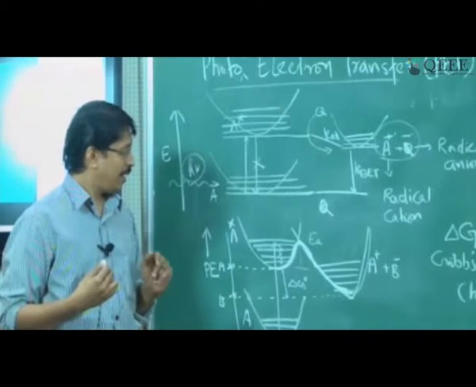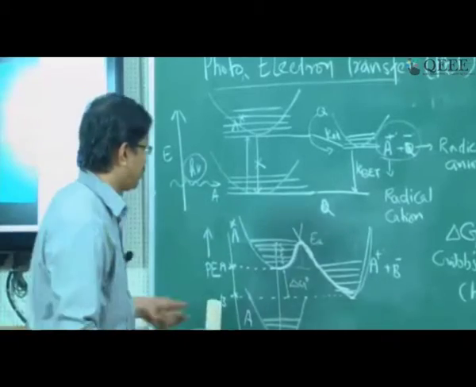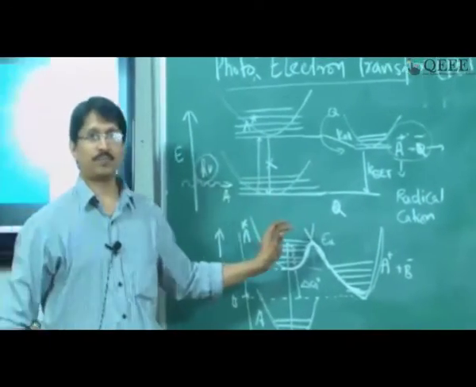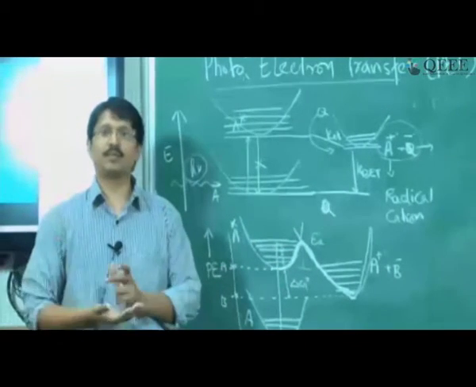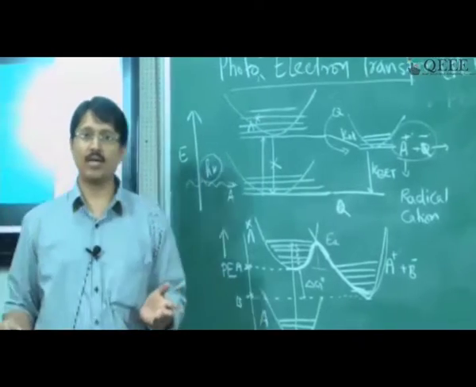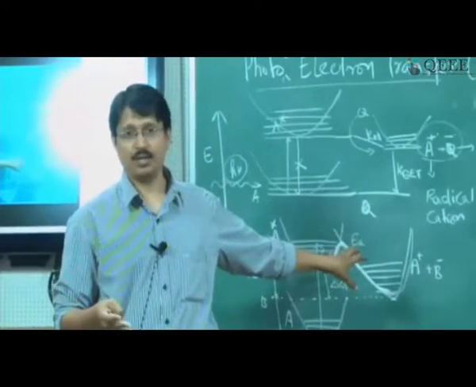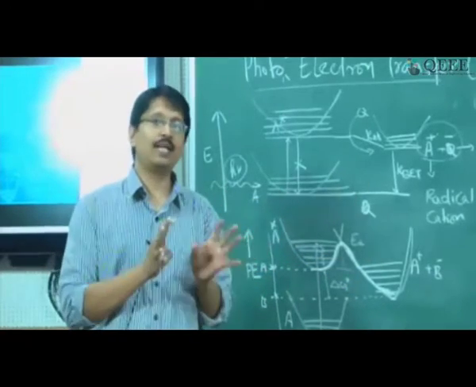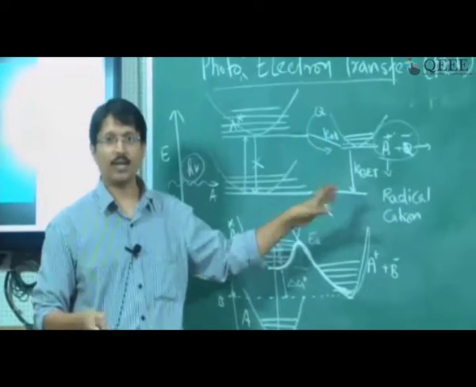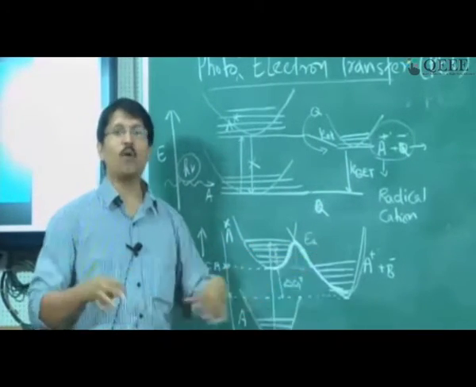Okay. Now I want you to do another interesting exercise with this curve. What process are we talking about? Photoinduced electron transfer, right? Any process will have an associated free energy change. So in this particular case, we are talking about photoinduced electron transfer and the associated free energy change. I want this process to become more and more negative.